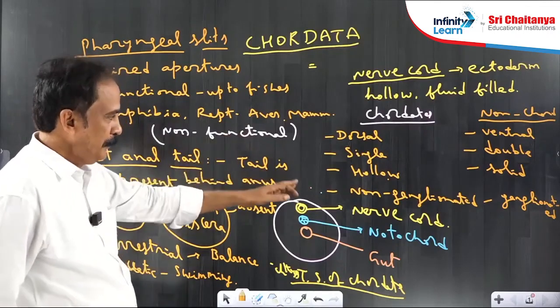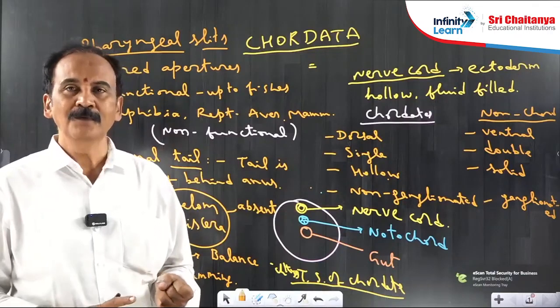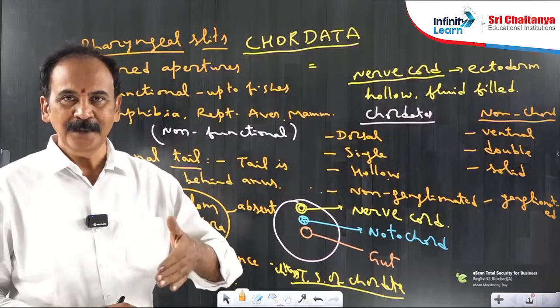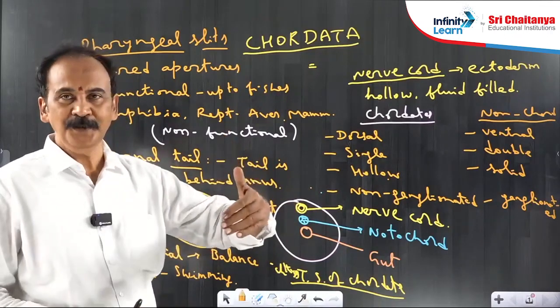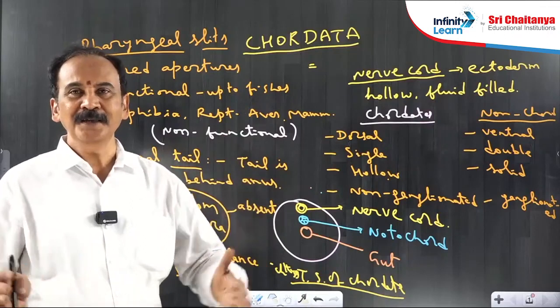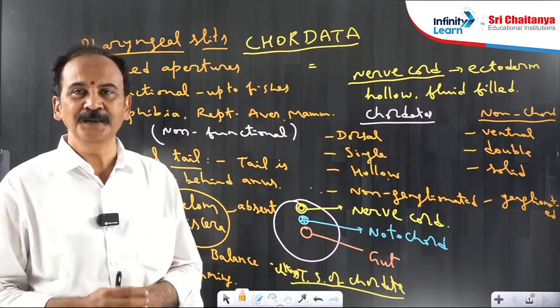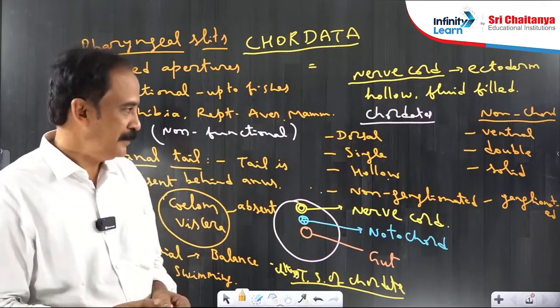So these are the 4 fundamental chordate characters called notochord, nerve cord, pharyngeal slits and post-anal tail. These 4 characters are to be remembered in detail, and these characters should be present at any stage in the life cycle, either during the embryonic stage or maybe in the adult, right.